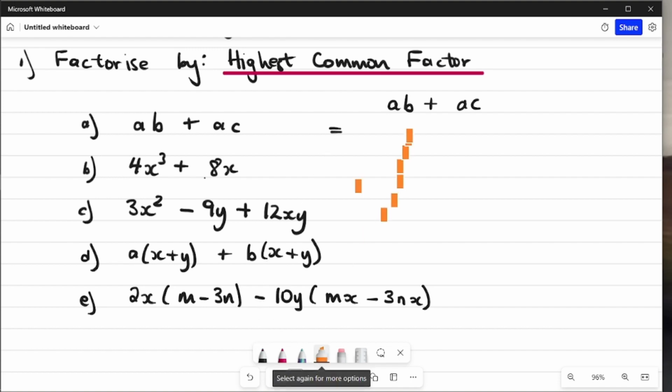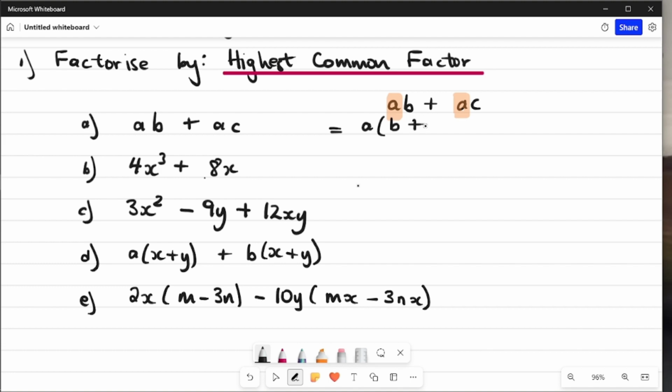If you look carefully here, we have these two terms which are separated by the plus sign. When we take out the common factor, a factor that is common between the two terms is A. So you are going to write A outside the brackets, and if you take out A from AB, what will be left is B.